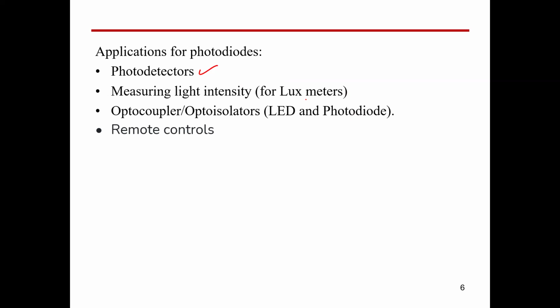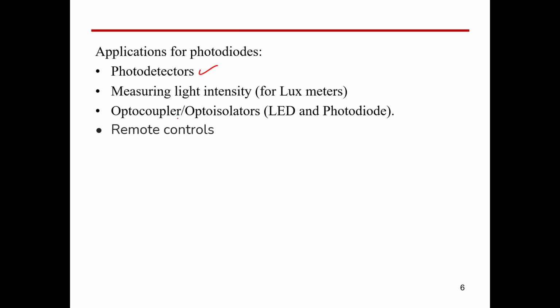So we have a meter called a lux meter. Lux is a unit to measure the light intensity in a place. So a lux meter is a device that uses photodiodes in order to indicate how much light we have at a certain elevation in a certain indoor place.